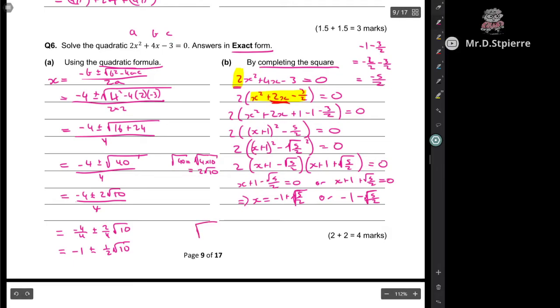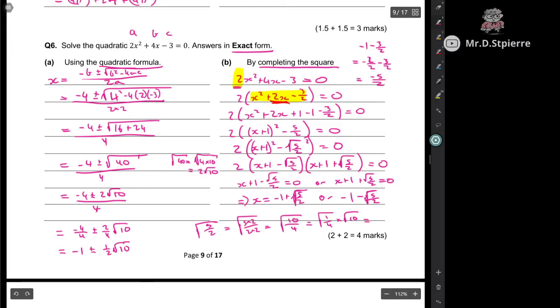Because I could write root 5 on 2 the same as the square root of 5 times 2 on 2 times 2, which is equal to the square root of 10 on 4, which is equal to the square root of 1/4 times the square root of 10.